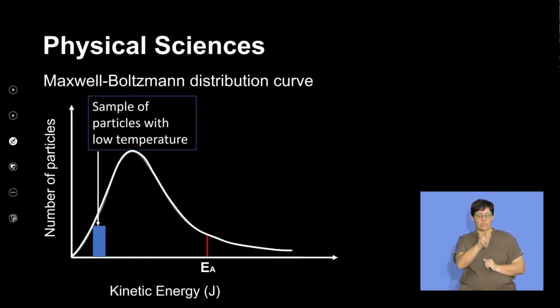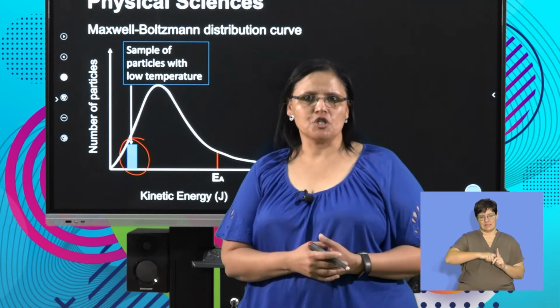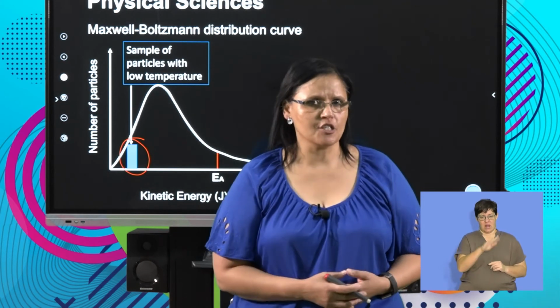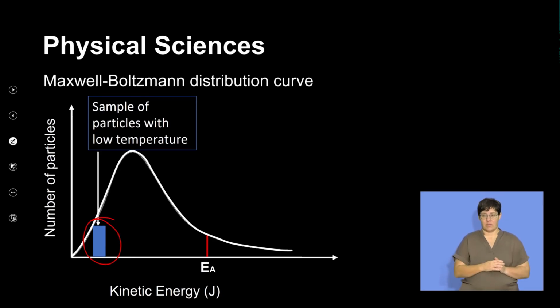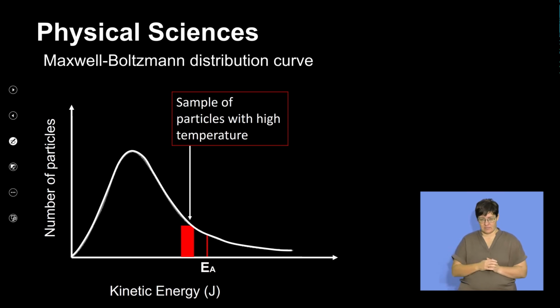If we look at this normal curve again, we will see we have a sample of particles with a lower average kinetic energy. If we go further, we have a sample of particles that lean towards a higher average kinetic energy, at a slightly higher temperature.